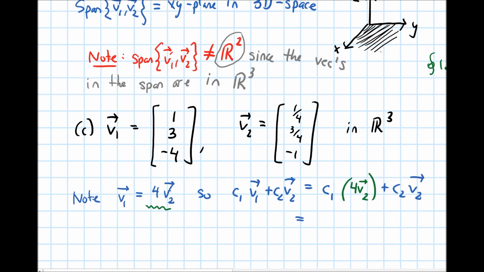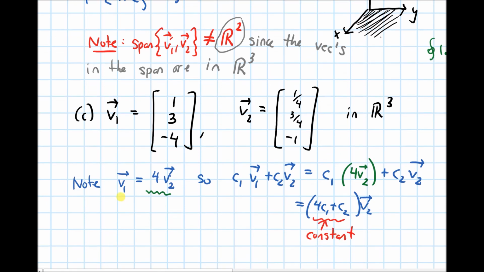And now what I can do is, both of these have a v2 in them, so I can factor that out to the right. So I'll factor out v2, and then in front I'll write all of the constant terms. So I have 4c1 plus c2 in the front. And this whole thing in parentheses, this is a constant.